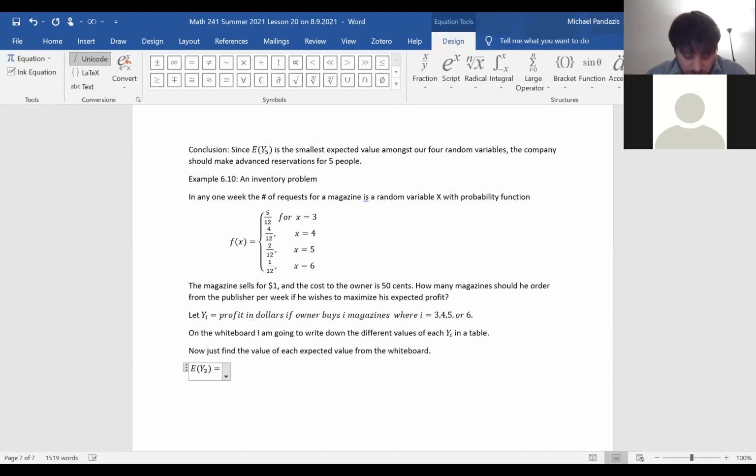So E of y sub 3 is going to equal, take $1.50 and multiply it by the probability that y sub 3 is that, which is 5/12.